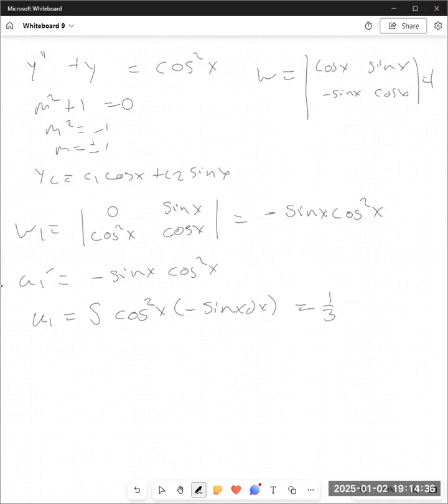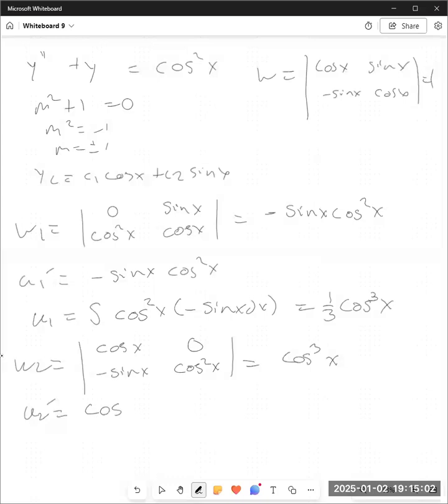It's going to be 1/3 cosine cubed x. W2 is going to be, this is 0, cosine squared x, cosine x, negative sine x. So this is cosine cubed x. Then we have U2 prime is cosine cubed x over 1. So U2 is the integral of cosine cubed x dx.